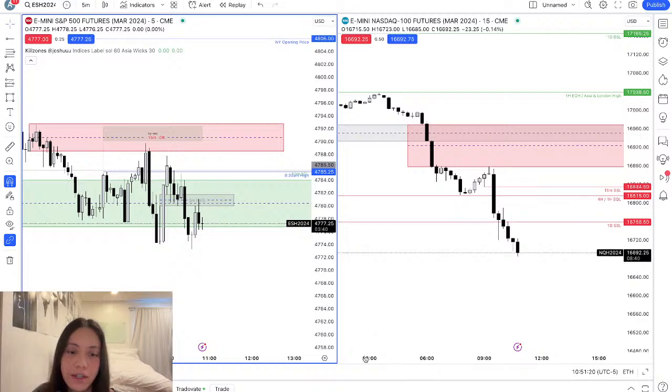No trades today yet. I have a bullish bias, so I'm sort of looking for a shift in market structure.